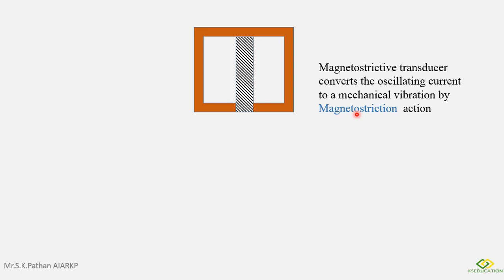This change in shape, meaning it elongates and then reduces, is nothing but a vibration. So magnetostriction action is an action in which the material gains electrical energy, elongates, and again comes back to its original position. Because of that, we consider it as a vibration.